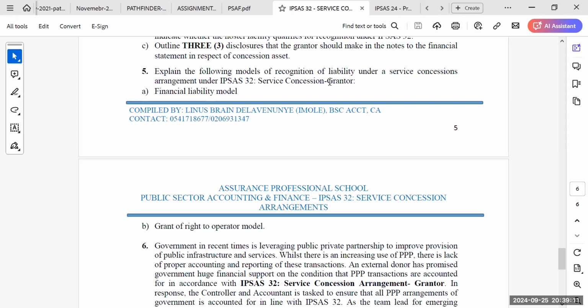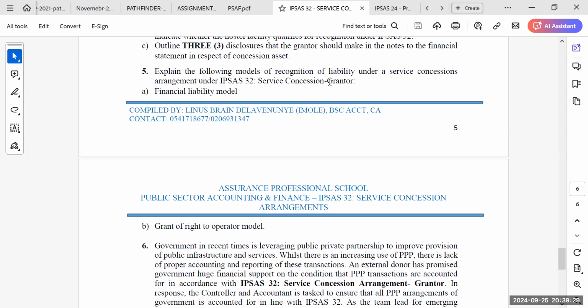If you are not giving the assets, what is the portion of the revenue that has not been earned based on our arrangements? The grantor will reinvest or compensate the operator with that particular revenue. So you only recognize that revenue as a liability because that is the amount you are going to be paying to the operator. So that is it. You just say those two, and that is fine.